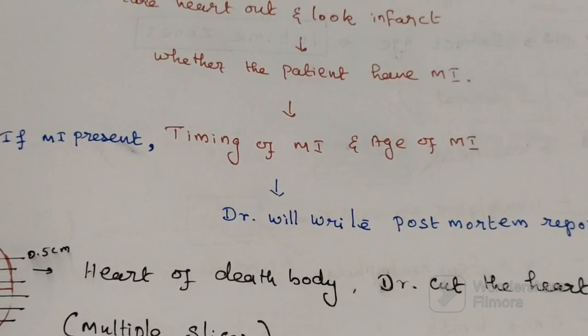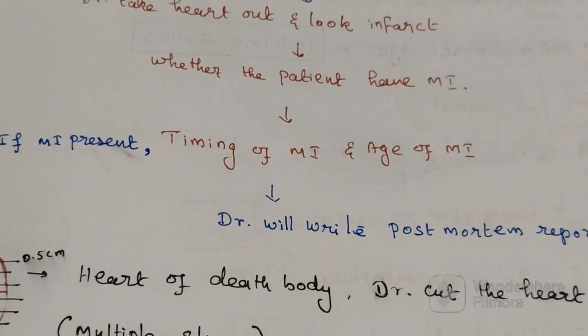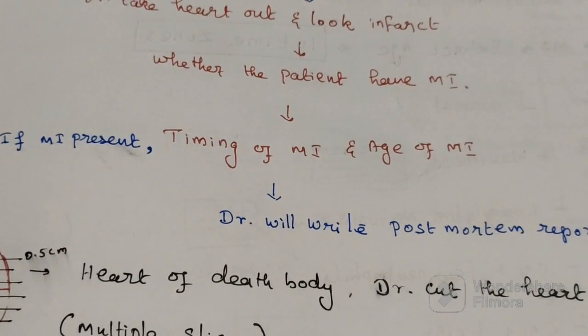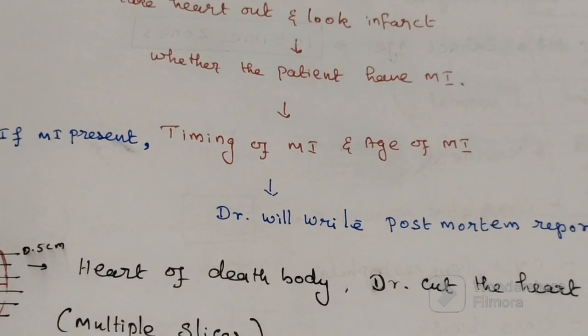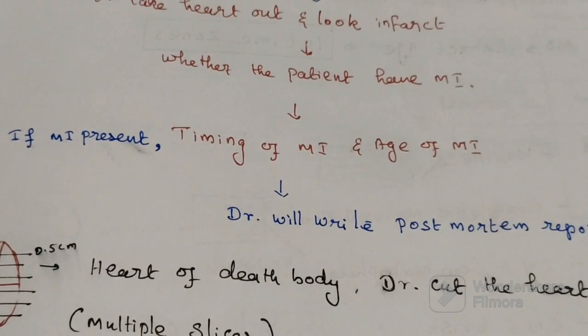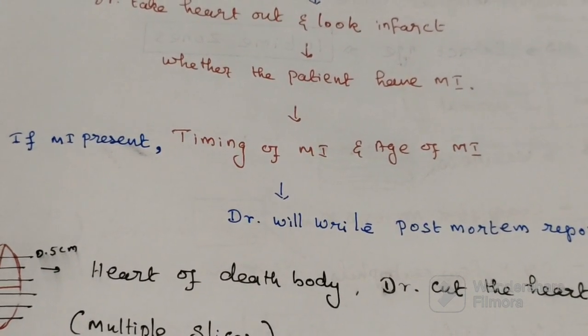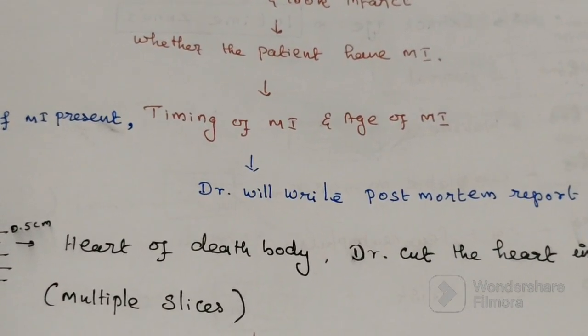Is it 4 hours old, or 24 hours, or 5 days, or 7 days, or 1 month, or more than 1 month? The doctor will write that in the postmortem report and the police will correlate that with the timing of the death.